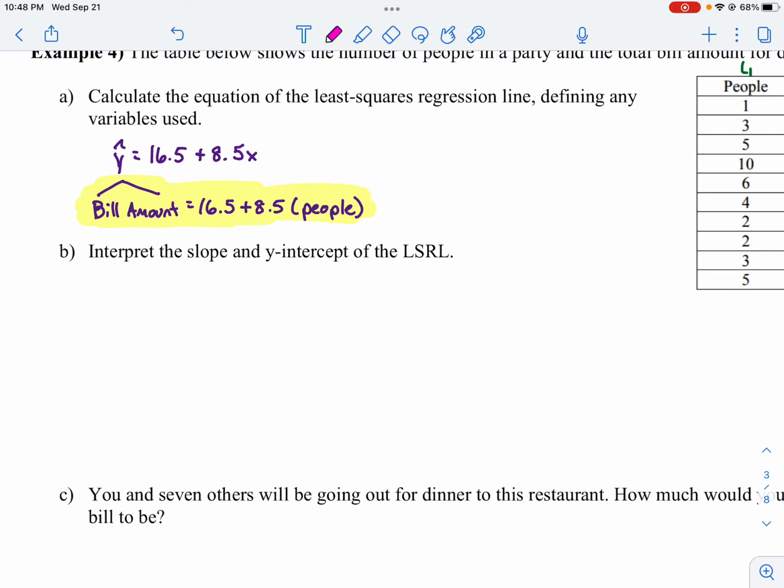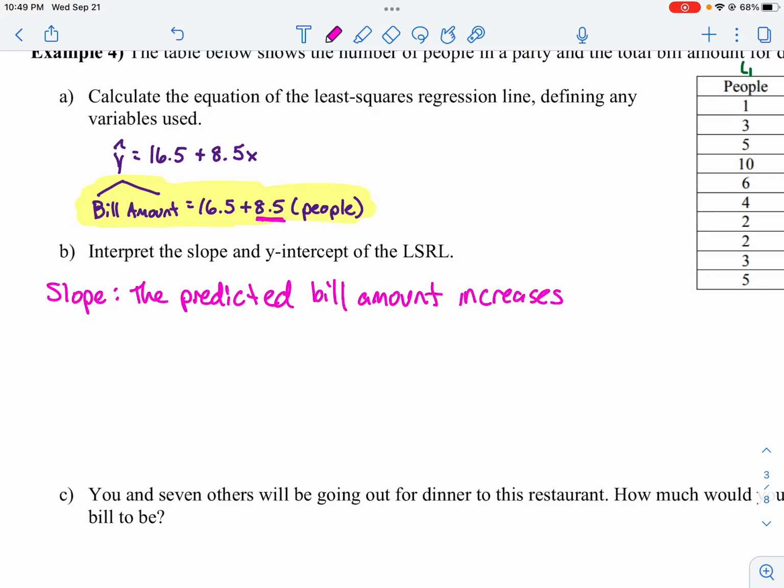Remember that our slope is how much does y change for every 1 unit of x. As far as the slope goes, we would say that the predicted bill amount, because our slope is positive 8.5, is going to increase.